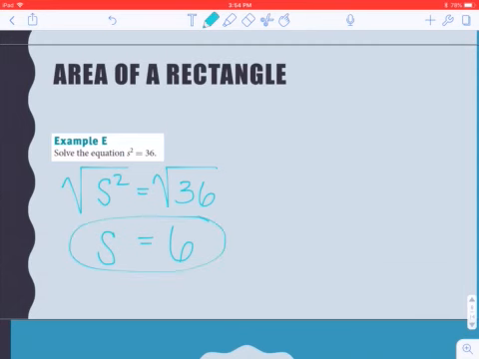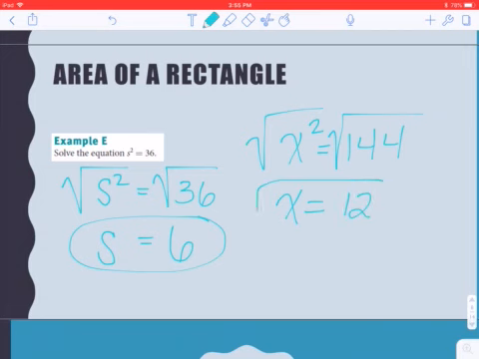So if I picked another perfect square, and I said x squared equals 144, in order to solve this, I could square root both sides. So x equals 12. Because 12 times 12 will get me 144.